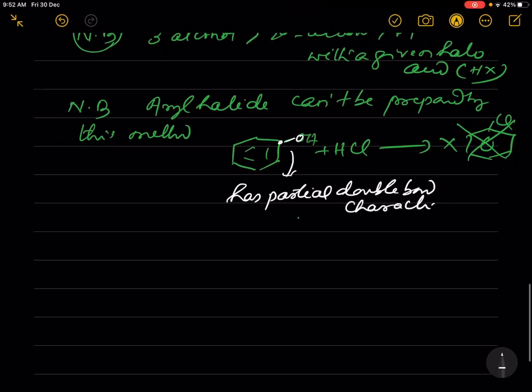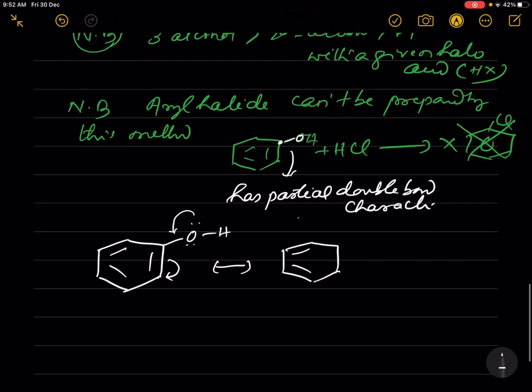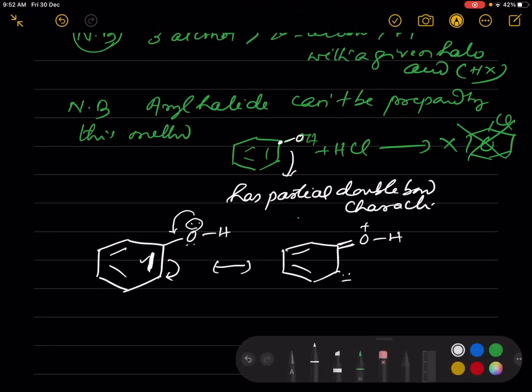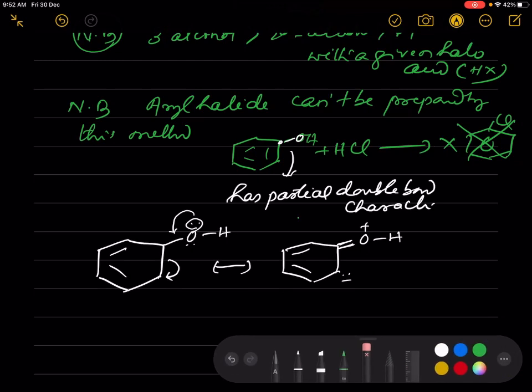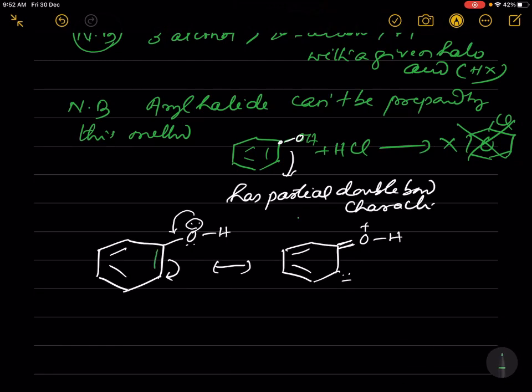You see, this is phenol. Then what happens? This lone pair forms a pi bond, and the existing pi bond shifts over here. The existing pi bond shifts to this position.